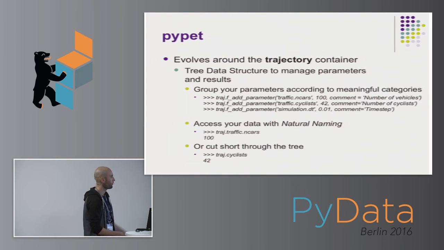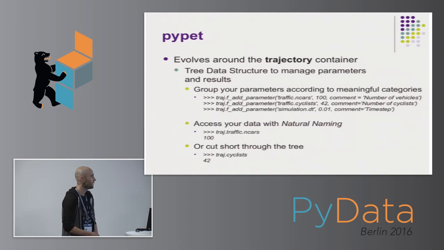And when you do that, of course, you can recall the data because this is a container for all your parameters. Eventually, in your simulations, you need them to actually do stuff with them. So for instance, you can recall the data you just put in by this dot notation. You can just say traj.traffic.nCars, and it gives you back the value we put in there.